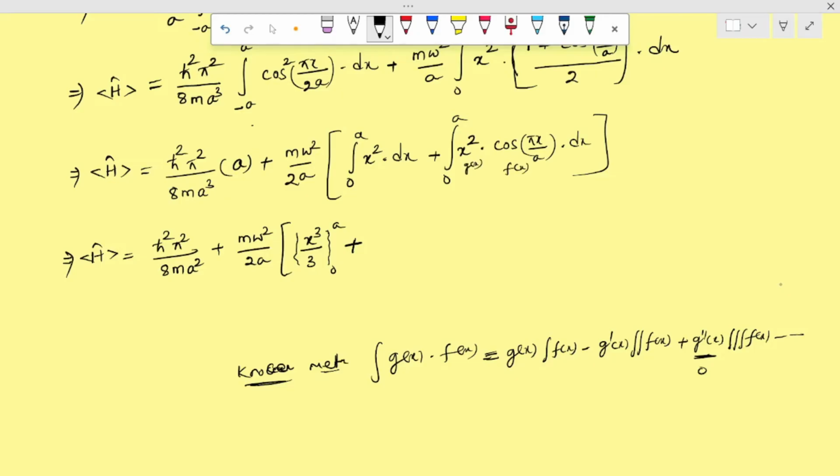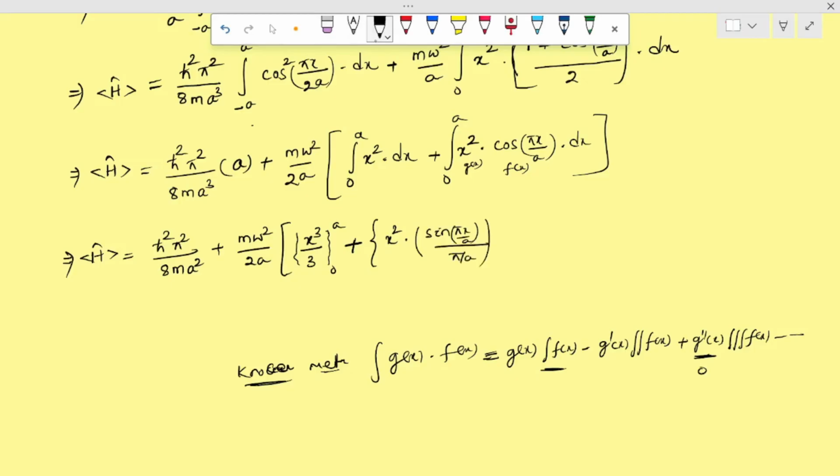So the first term will be x square, the second term will be the integration of f(x). Integration of cos means plus sine pi x by a divided by pi by a.